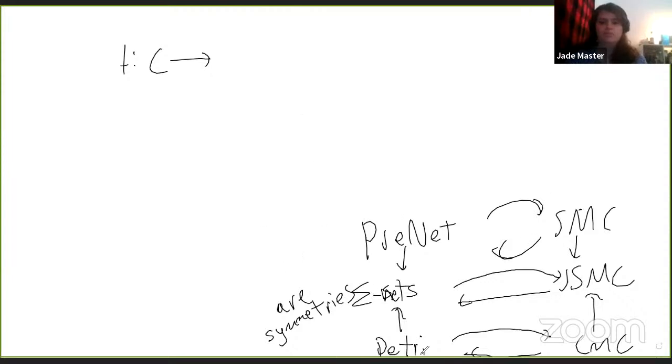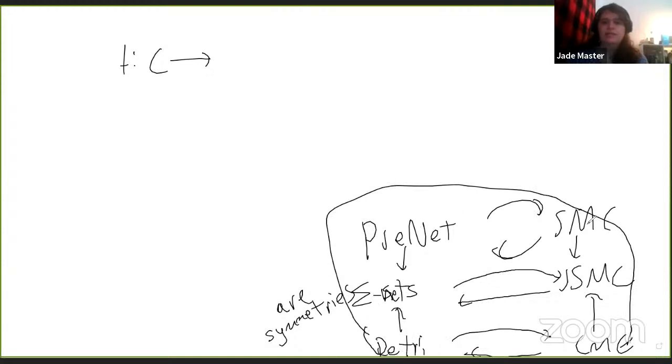Yeah, so this is sort of the key diagram that I think is relevant. So there's pre-nets, and if you add these sort of actions of the symmetric group on your transitions to pre-nets, then you can generate these symmetric monoidal categories.